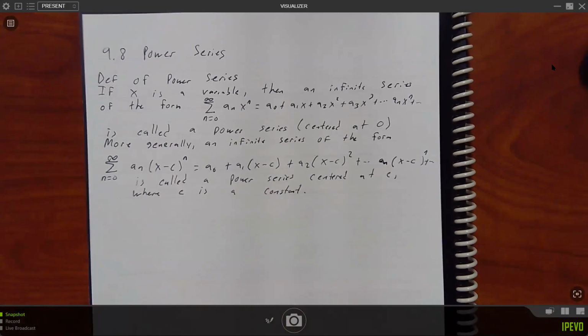Okay, for this definition of power series, now let me give you the theorem that tells you about convergence of power series.